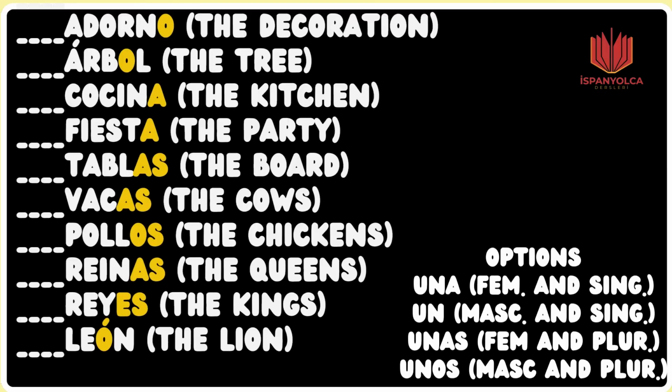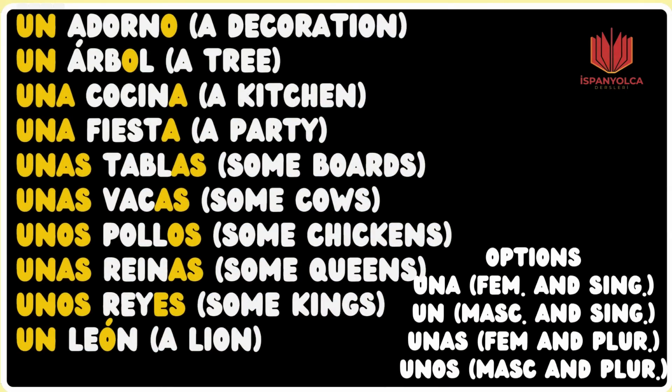I want you to analyze their genders and numbers and then use the proper article for each. Okay? You can take all the time you want. Pause the video, and in 5 seconds you'll have the answers. Here is the solution.